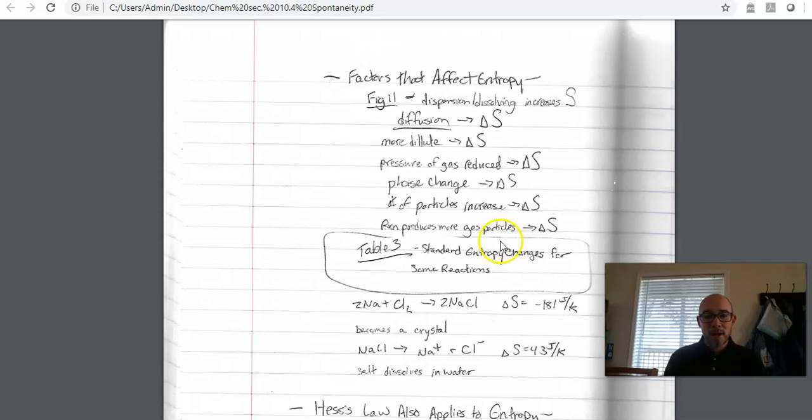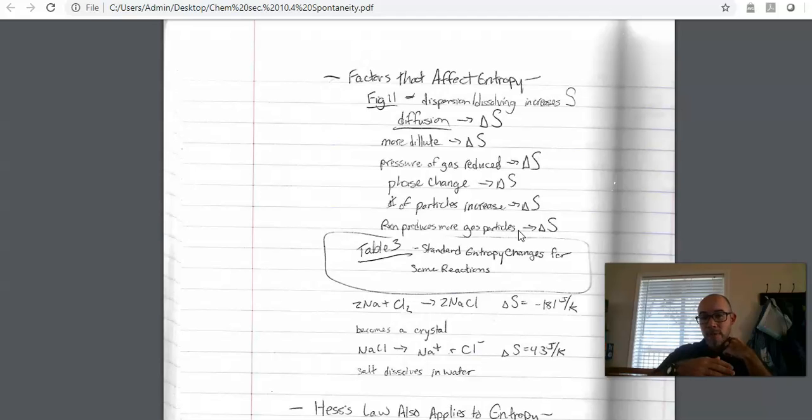What else have we got here? How about this one? Reactions that produce more gas particles. So you look at the states of matter in a reaction, and if it's supposed to create gases, that's something that will change the entropy. Gases are more unordered than liquids, which are more unordered than solids.